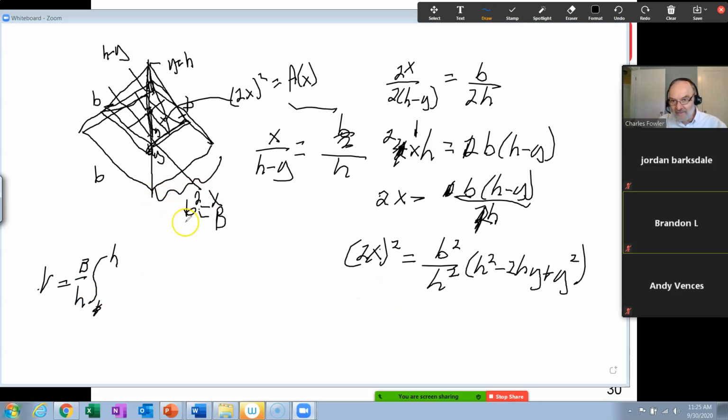Because b squared is b, and this will be b squared, so that's over h squared. That's b squared over h squared, so that would be capital B over h, and then what we have here, integrating h squared minus 2hy plus y squared times dy. The dy gives you your thickness, that's your area.